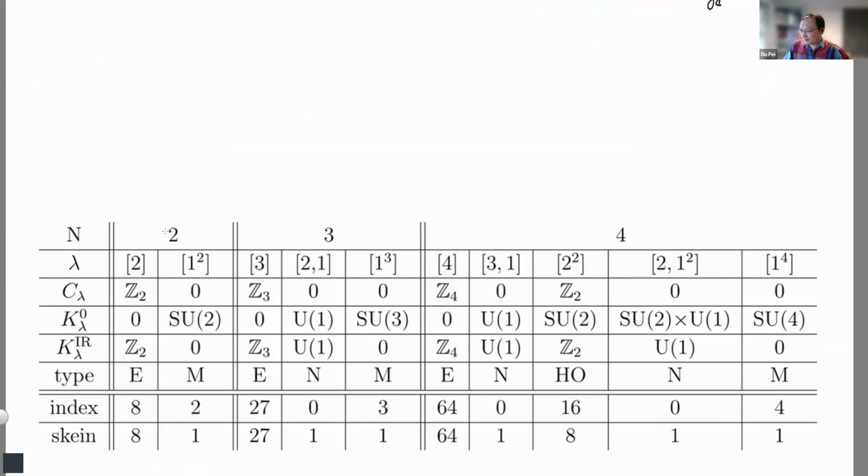So what is going on here? This is about the case where G, the complexification, is SL n. And that's the same as the n here. So here we have SL2, 3, and 4.